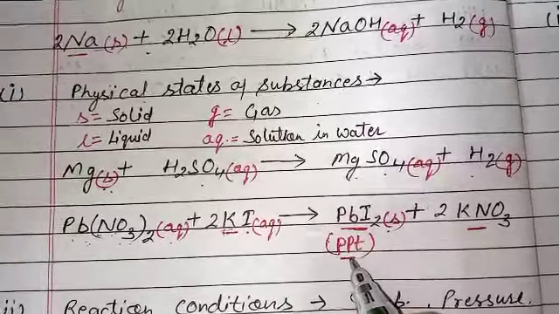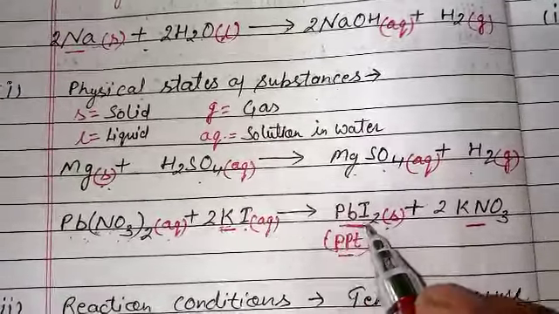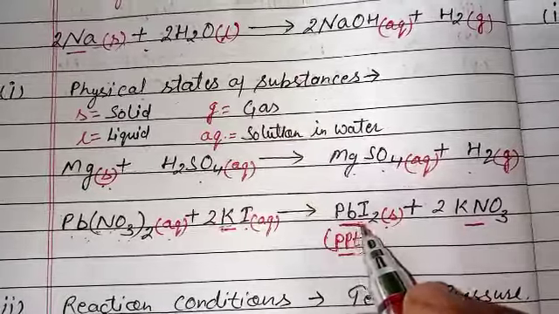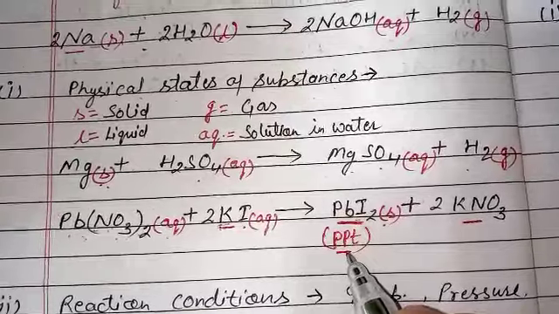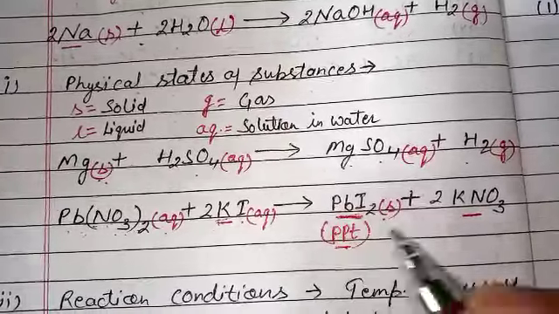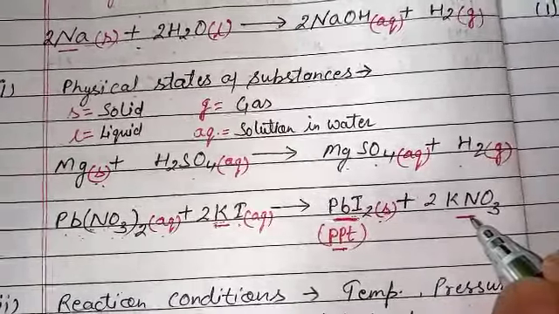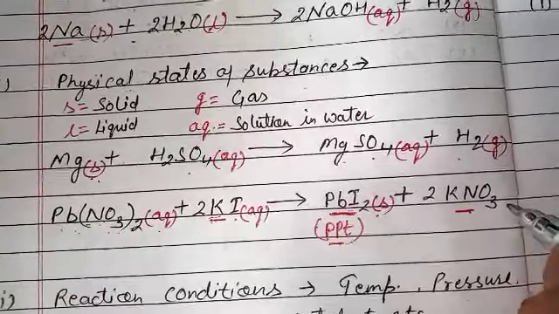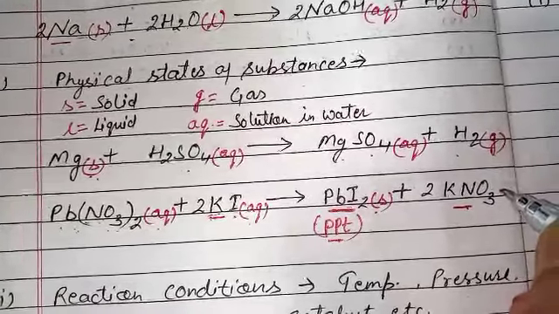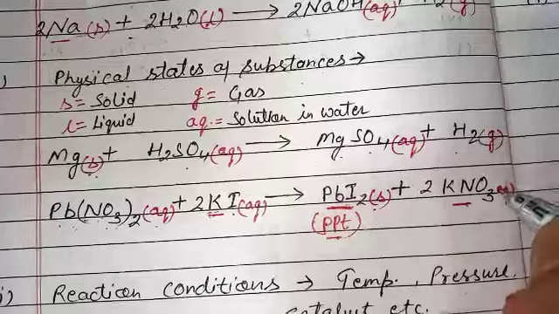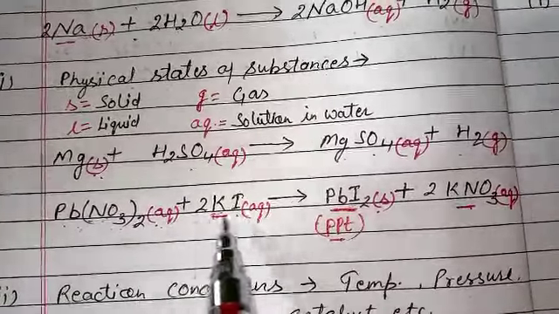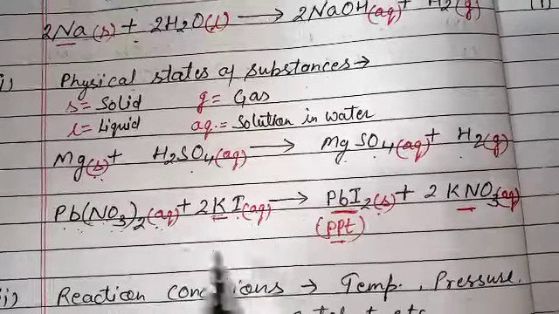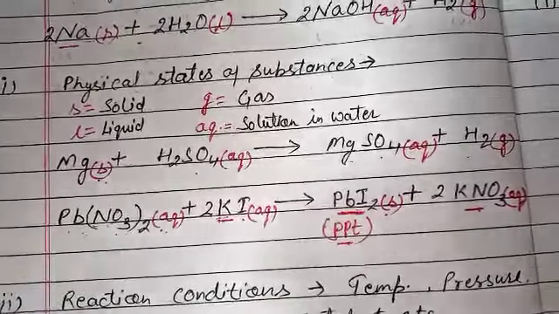So this PPT means that in the reaction one of the products is formed in the form of a solid precipitate. Clear? The other product is formed in the form of an aqueous solution in water. Clear? So this will make the equation more and more informative.